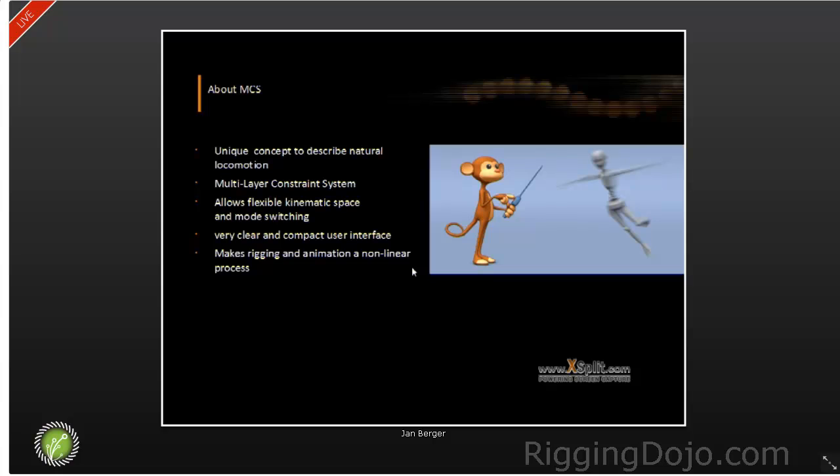About MCS, it reads, the main thing that makes MCS different from other rigging solutions I have found is the unique concept to describe natural locomotion in an abstract way. What that means is there is a certain, you may call it syntax, to describe dynamic hierarchies.